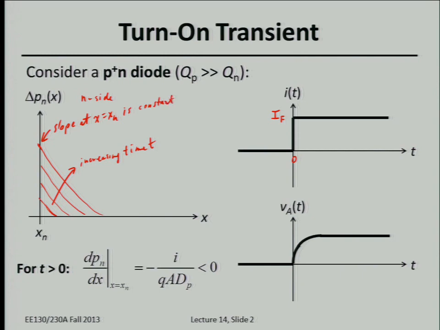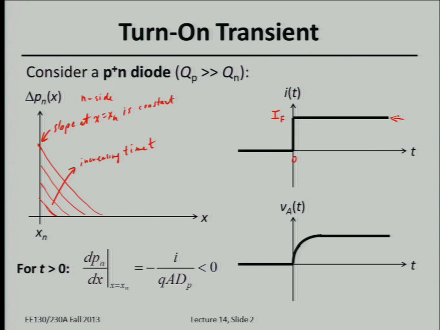At any moment in time, a time t greater than 0, the slope at x equals xn, right at the edge of the depletion region, is the same. Can somebody explain why that's the case? The fact that the circuit is forcing the diode current to be constant with time.